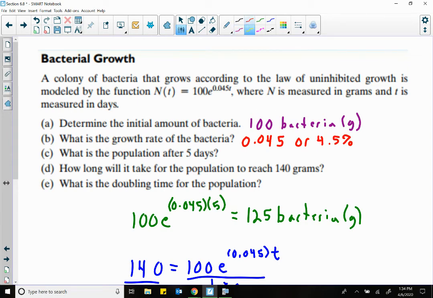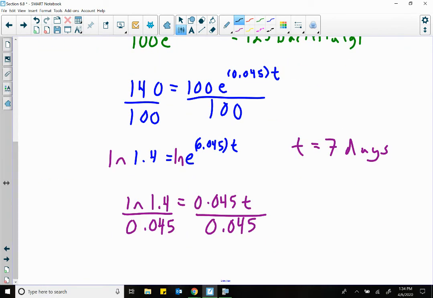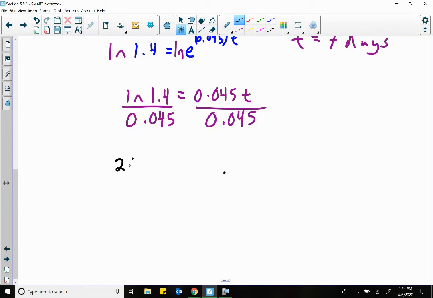So we want to double that population. So that means we want our population in the end to be 200. And we set it equal to that, 100 e^(0.045t). And we solve it again the same way.